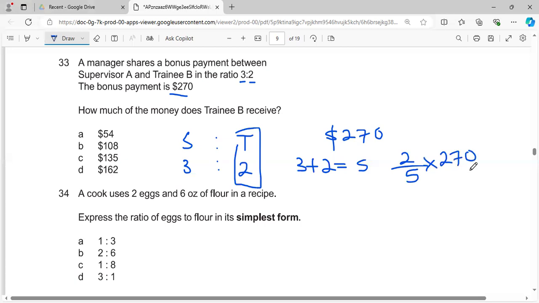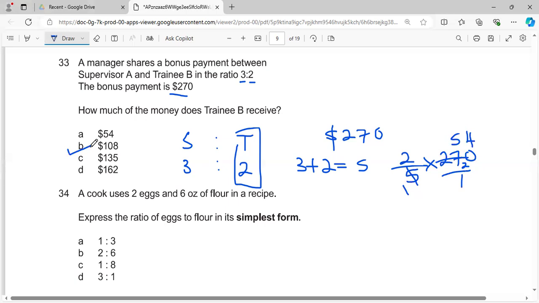And of course, we say 5 into 5, 1. 5 into this goes 5 times, 5 times 5 is 25, remainder 2. So this is 54. So to get our product, it will be 2 times 54, which is 108. So one share is basically $54.